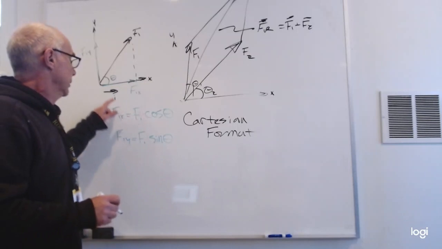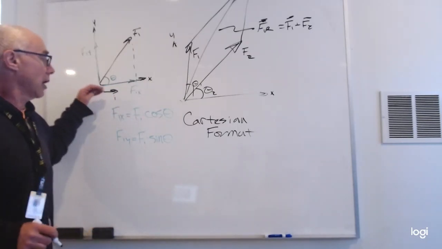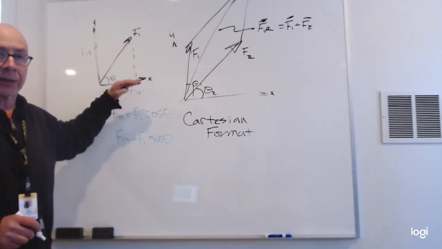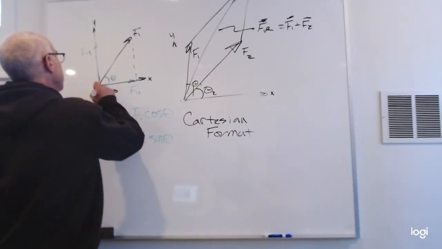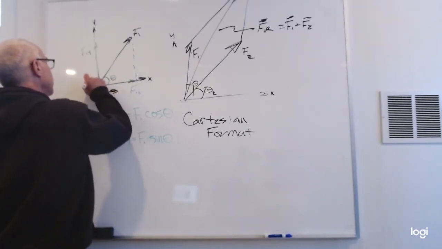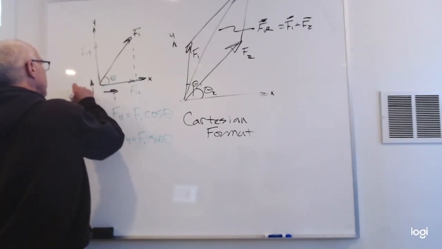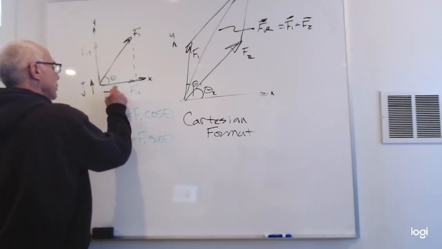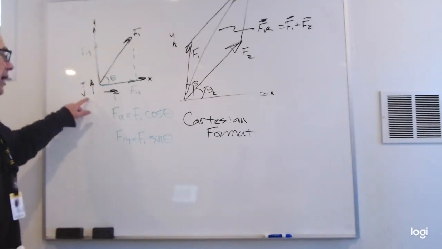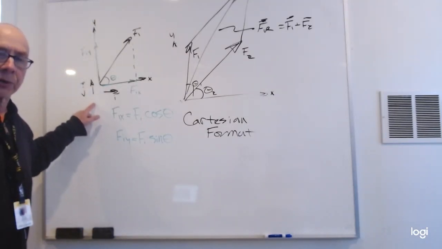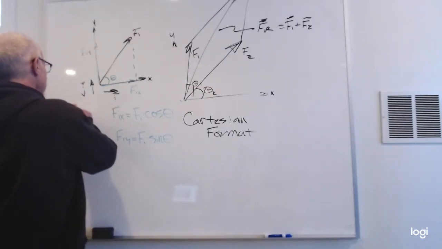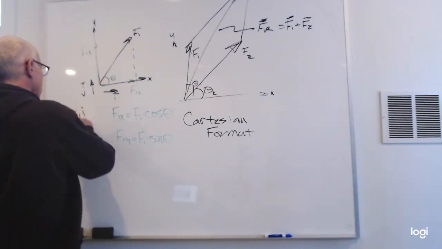So i is a vector parallel to the x-axis that has a magnitude of 1. And I'm going to define j over here. j is a unit vector parallel to the y-axis that also has a magnitude of 1. So i and j are unit vectors.